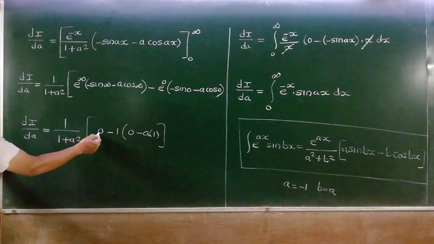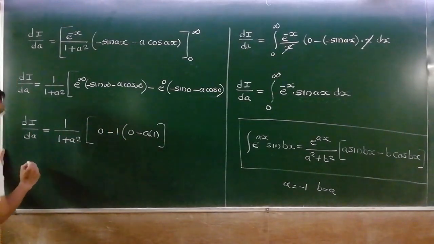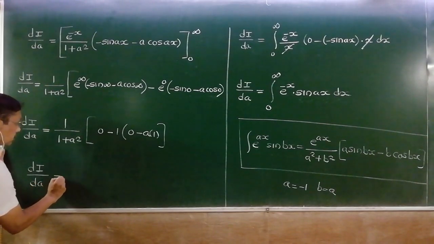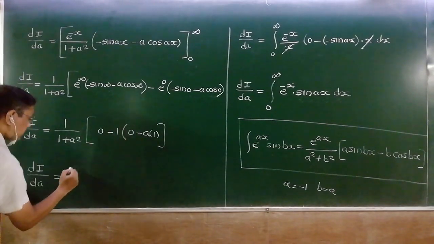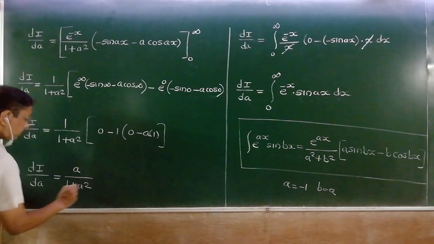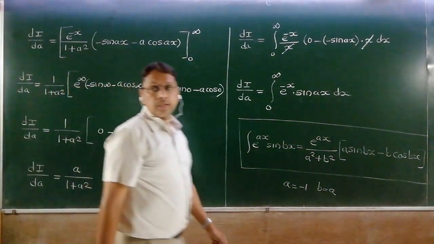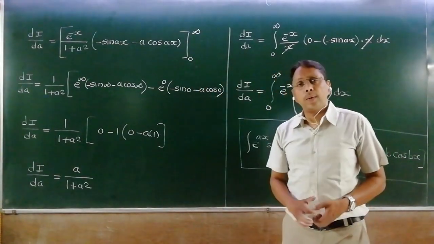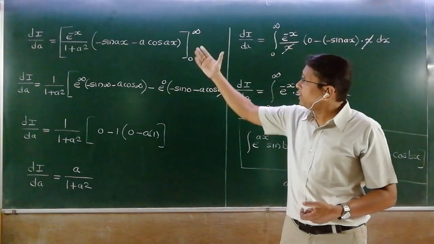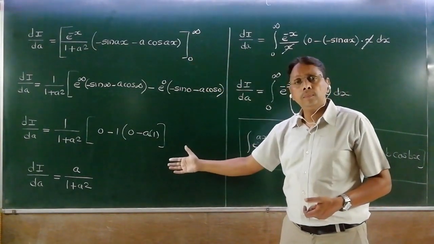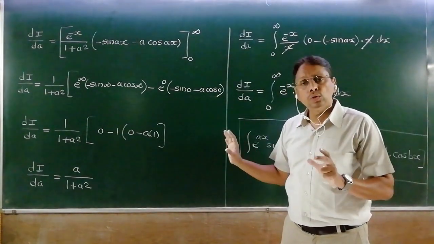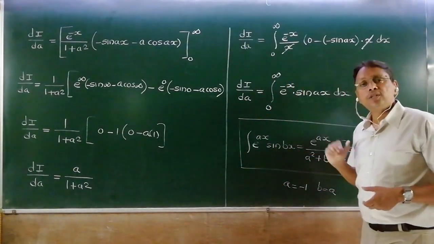So this is 0 minus 1 into a, therefore dI by dA is minus minus plus a upon 1 plus a square. So dI by dA is a upon 1 plus a square. The second step, integrating and putting the limits, is clear. The next step is variable separation. Any doubt? Note down these things.